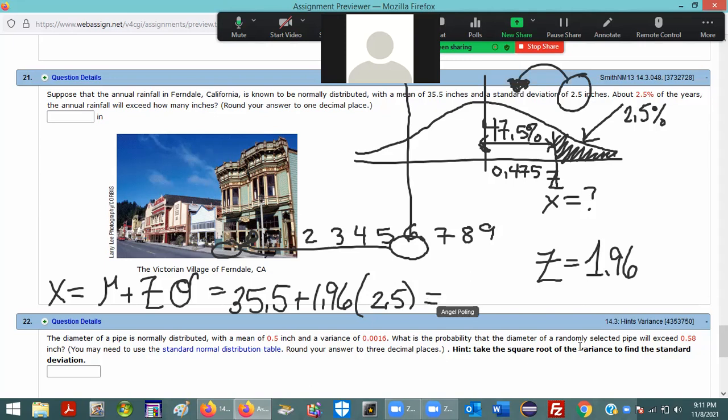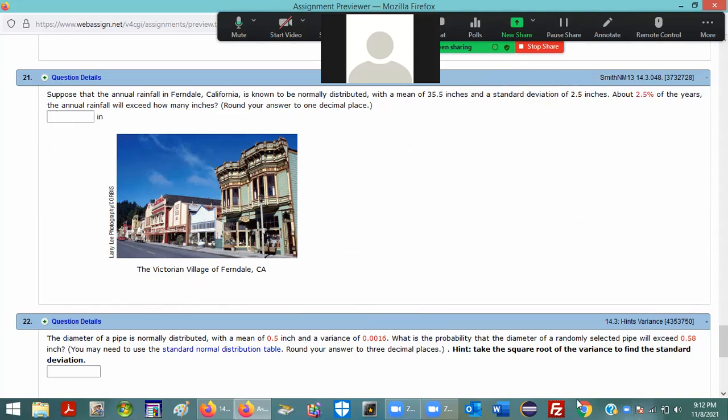So if that comes up in yours as different numbers, just remember that's the standard deviation. So 1.96 times 2.5 plus 35.5 gives me 40.4. Round your answer to one decimal, right? 40.4. So sometimes we're standardizing, sometimes we're unstandardizing.